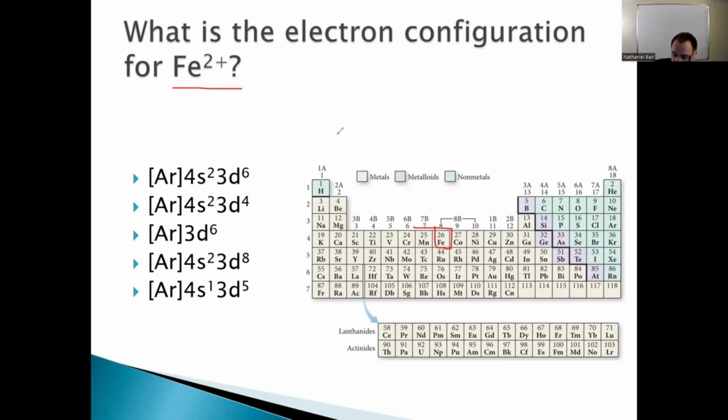Iron is an argon in brackets, and then 4s2, 3d6. So if it's going to be iron +2, we need to take 2 electrons away. You take away the highest energy electrons, the 4s2. That makes this an argon 3d6. So this is neutral iron right here. Take those 2 away, you've got yourself an argon 3d6.